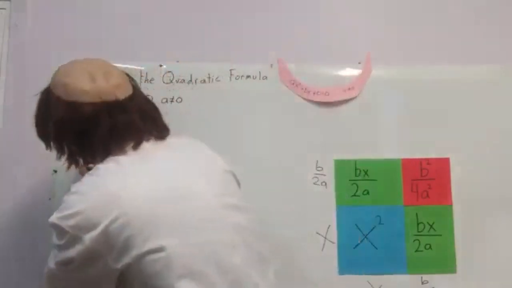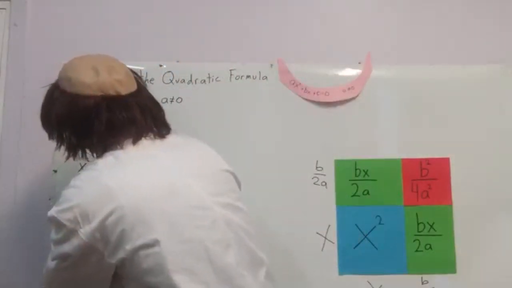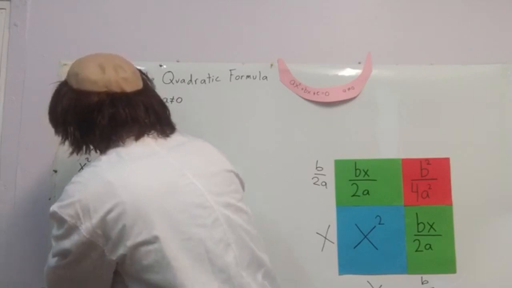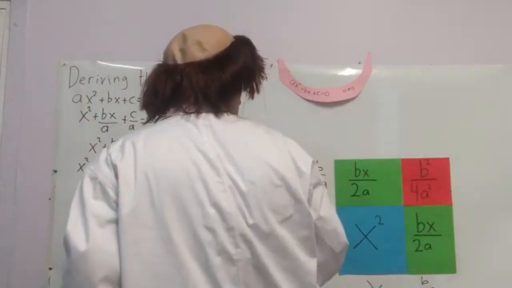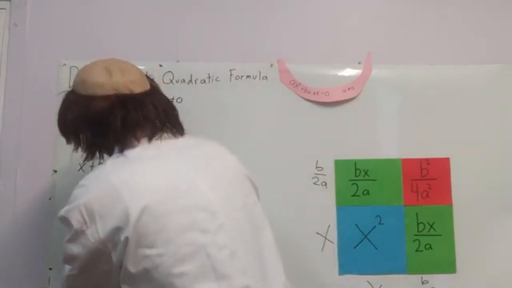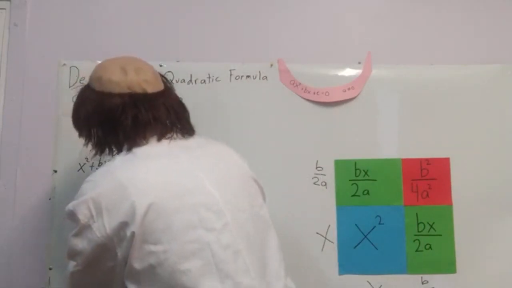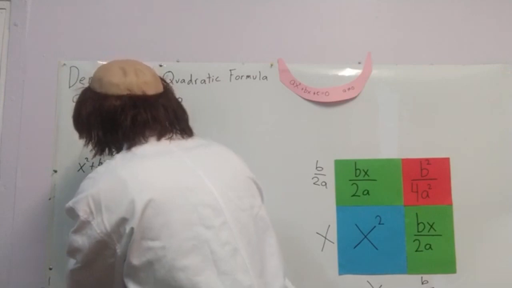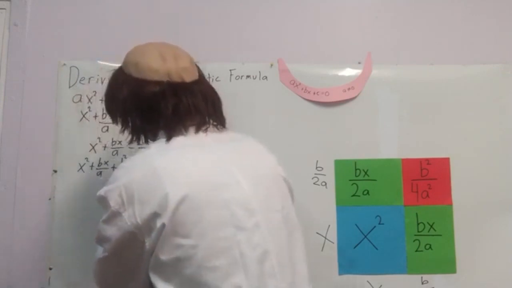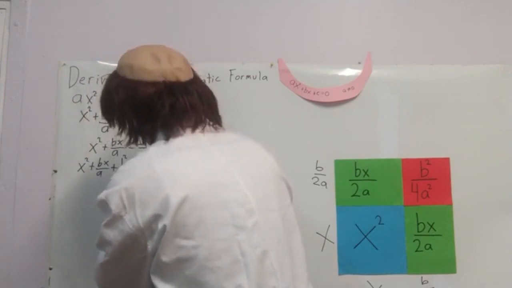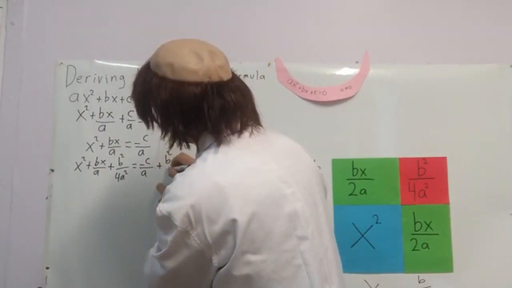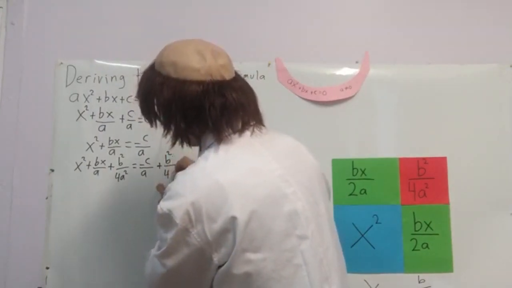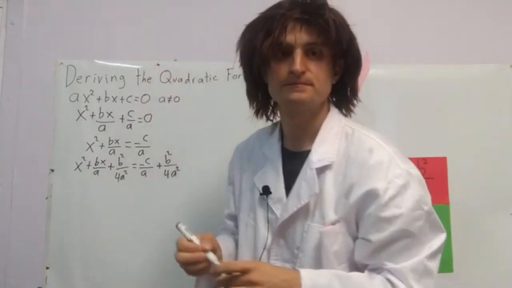That means we'll get x squared plus bx over a plus b squared over 4a squared equals negative c over a plus b squared over 4a squared.